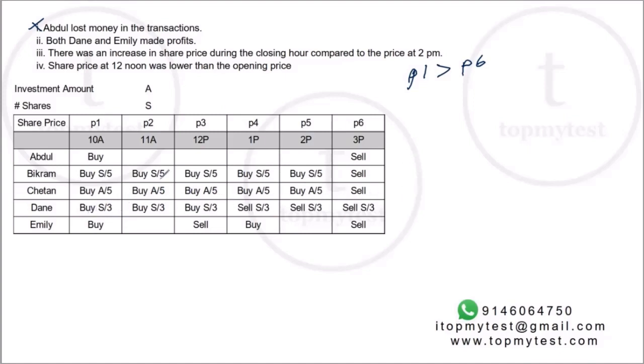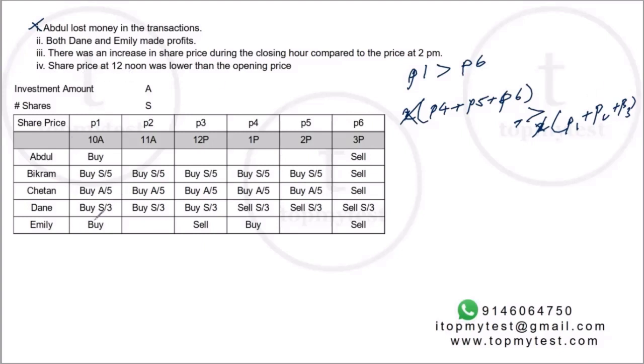So Dane's sales would be X times (P4 plus P5 plus P6), and his cost will be X times (P1 plus P2 plus P3). Right, X is equal. So we know the sales are higher than the cost. So P4 plus P5 plus P6 is greater than P1 plus P2 plus P3. That we know.